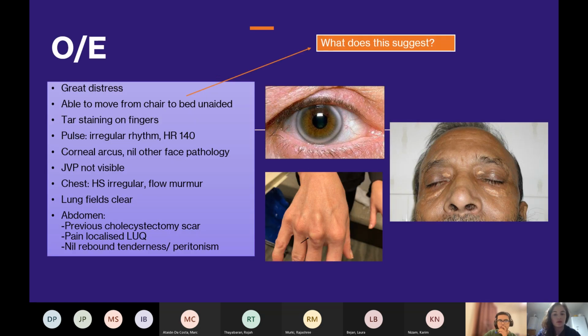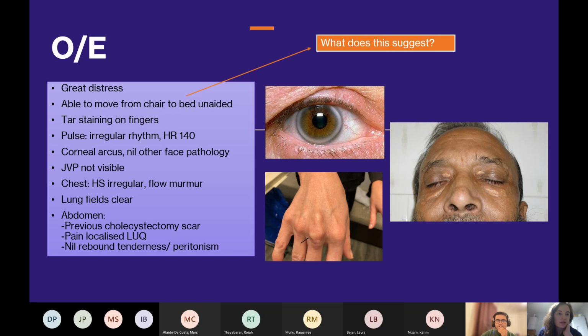Cool. So you finally get him settled, well, as much as he can be. So you observe him, he's in great distress. Okay, maybe he's not chill. Poor wording. But he's able to move from the chair to the bed unaided. You notice there's some tar staining on his fingers.